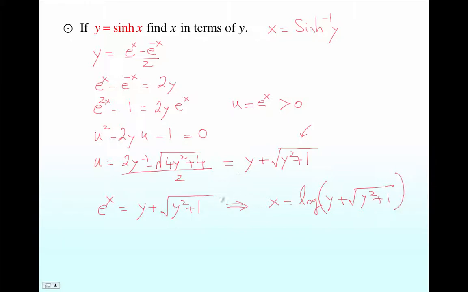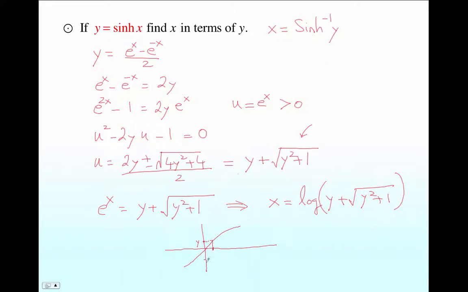Now let's understand this in some detail. As you saw in the plots earlier, the hyperbolic sine looks like this. It comes in from minus infinity, goes off to infinity. And so if I was to ask what is, let's say, the value of x corresponding to a given y, so if this is y, then there is going to be only one x, and that's this x over here.